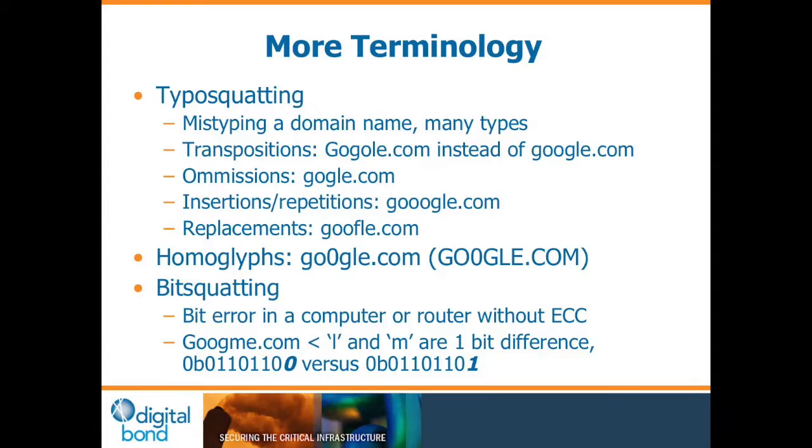Some more terminology are terms related to squatting. There are a lot of different types of squatters that will sit on names similar to yours if you work for a company. A lot of people like to register typo squats that are similar to your company name, but might have some characters transposed or mistyped or omitted or inserted.